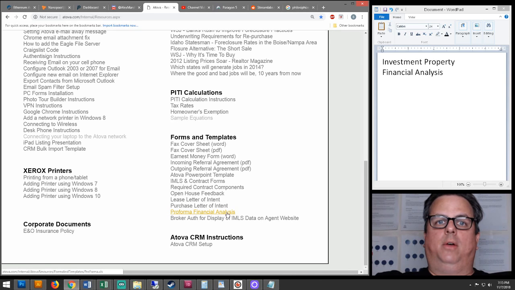This is the form that you use when you're doing a value estimate on an investment property, period. You don't do a CMA, you don't do anything else. You do a pro forma financial analysis. That's an industry standard terminology.